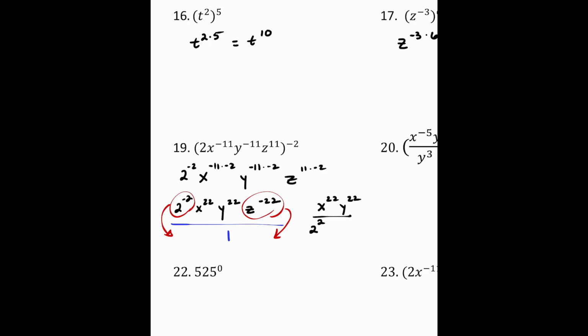Again, the negative exponent goes away after you move it. Now, we're not done yet because that 2 squared can be rewritten as 4. So x to the 22nd power times y to the 22nd power is all over 4 times z to the 22nd power. Okay, and that's your answer.